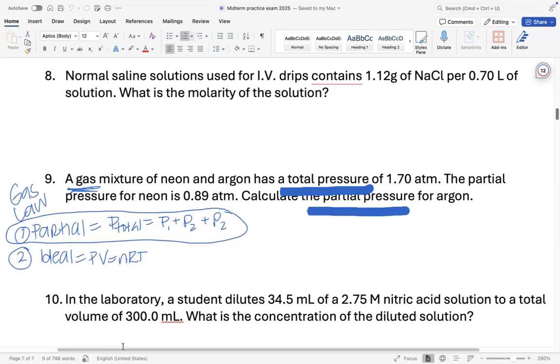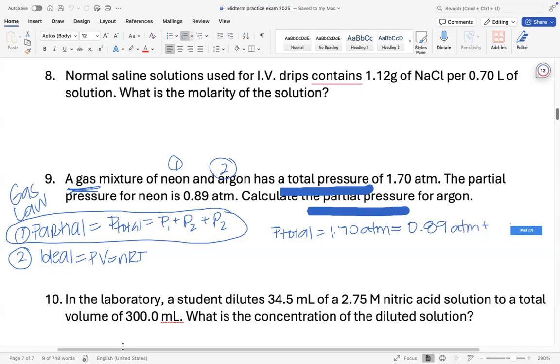So here it says it's total pressure. So P total equals 1.07 atmospheres, which we know must be the sum of all the pressures. And for this one, it looks like there's just neon and argon, so there's just 2 gases in it. We know that neon is 0.89 atmospheres.